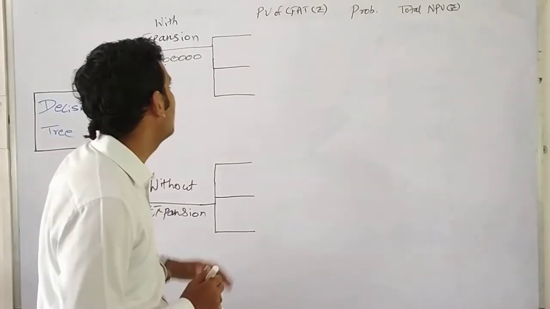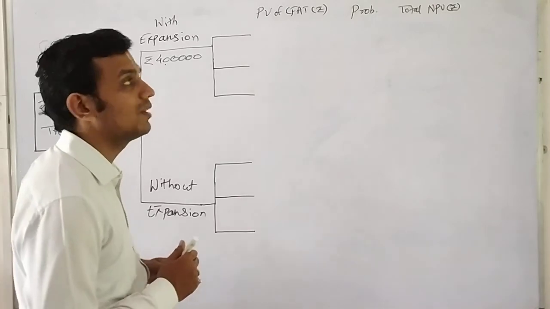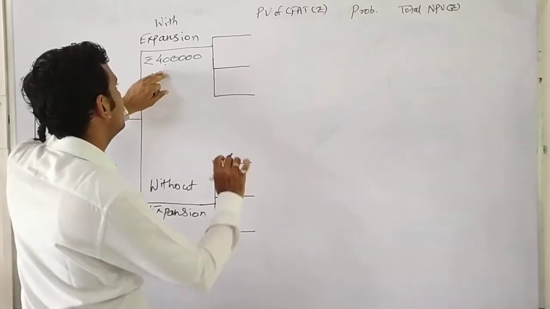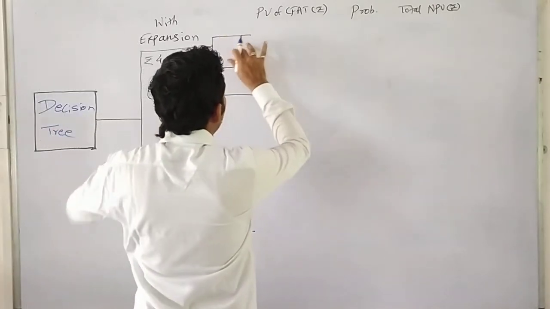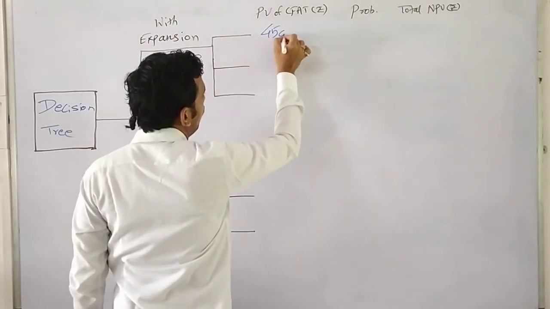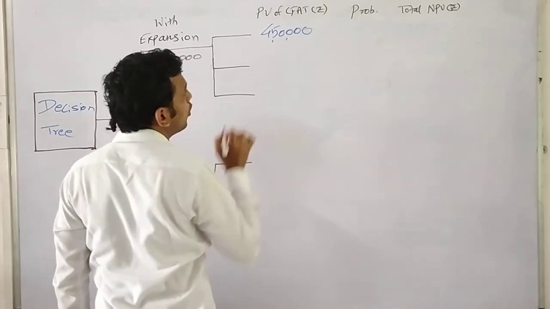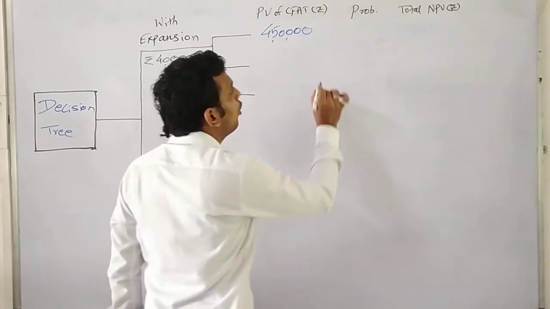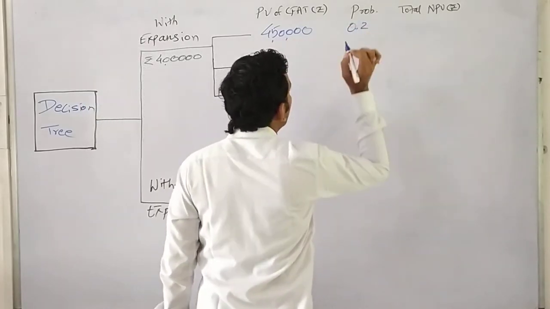Again, after that we have been given certain cash inflows at present value after tax. In the expansion part, for the first situation we would have a cash inflow of rupees 4,50,000 at a probability of 0.2.